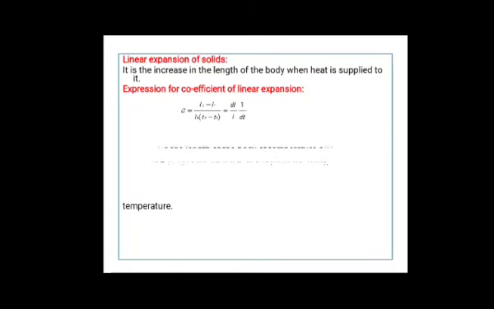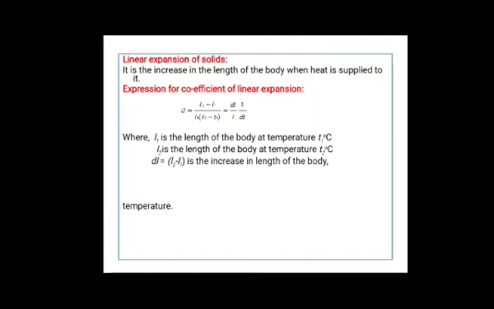Usually this coefficient of linear expansion is denoted by the letter alpha. So alpha can be written as (L2 minus L1) divided by L1 into (T2 minus T1). What is L2 here? L2 is the length of the body at temperature T2.